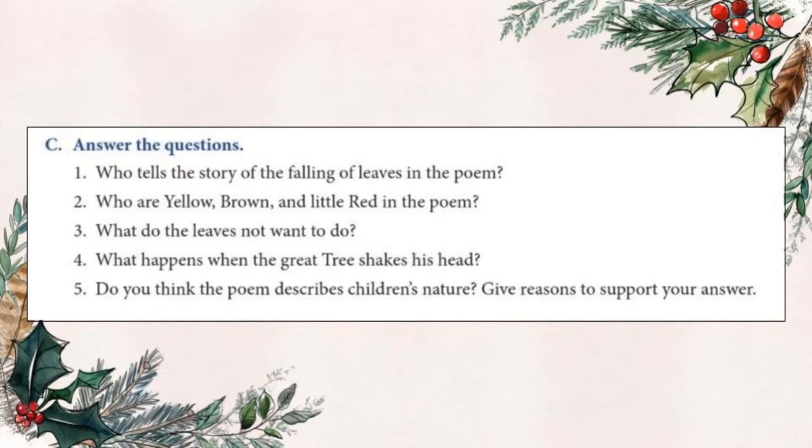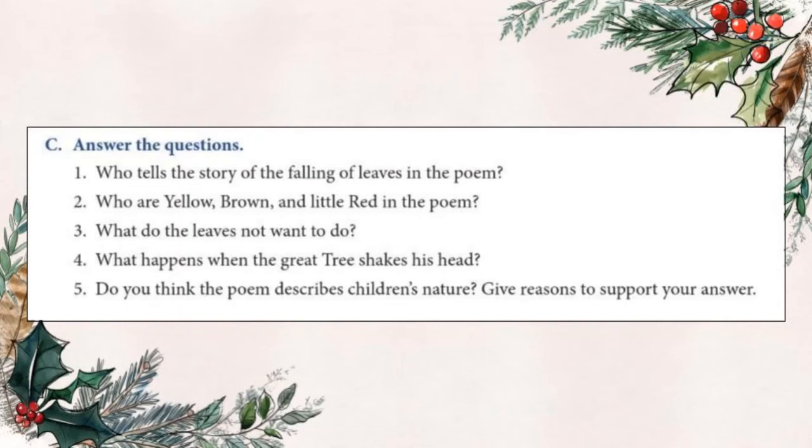Okay, let's move to the fourth one. What happens when the great tree shakes his head? When the great tree shakes his head, there is a great fluttering. Fluttering means irregular motion, and rustling everywhere.